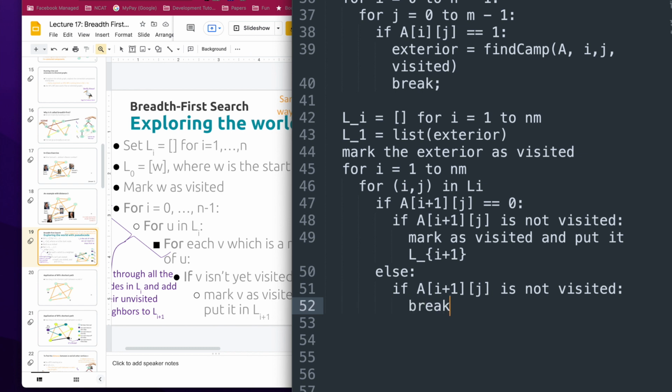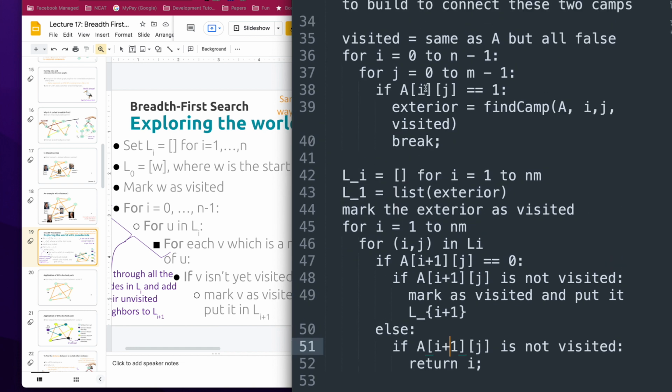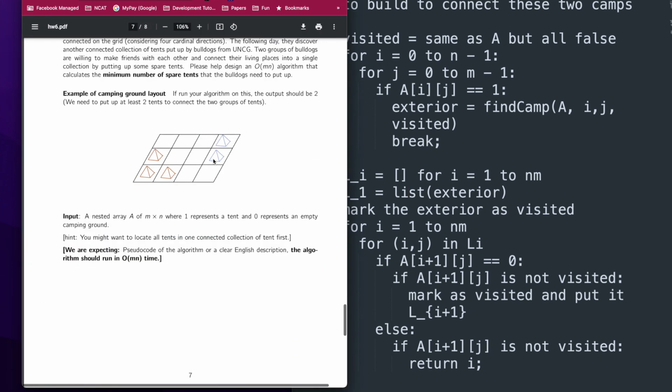You can immediately return i+1 as the answer, because that tells you that you have now built up enough tents where it only takes i tents in order to connect to the new unexplored region where you had it equal to 1. So this is the pseudocode. Again, I encourage you to think through that and really think about it.